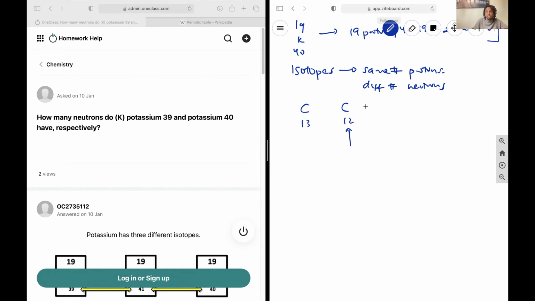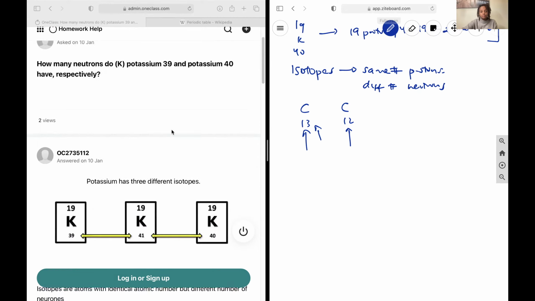C12 is common. It's most of the carbon atoms that we interact with today. C13 was common before, and so C13 is used for spectroscopy and it's used for carbon dating too, because if you find out the amount of carbon-13 present, you can find out how old it is. And that's it for this question.